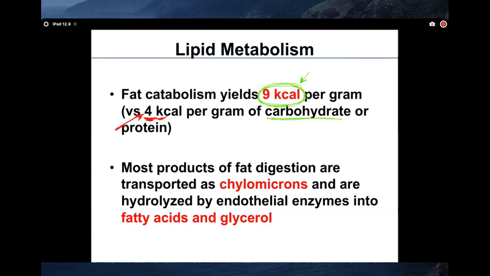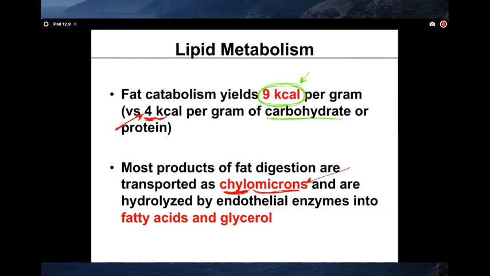Most products of fat digestion are going to be transported in the form of chylomicrons. Please review the posted videos for the digestive system that I've posted yesterday on the Facebook group.